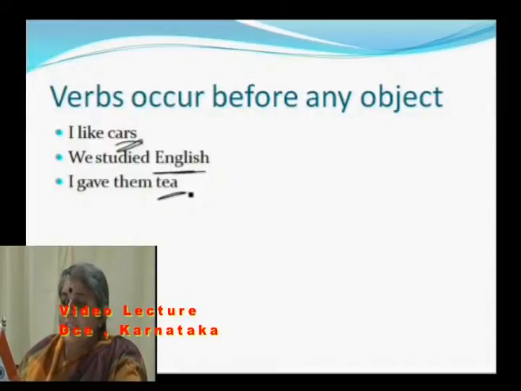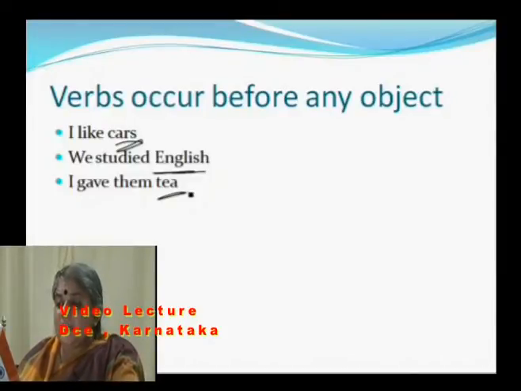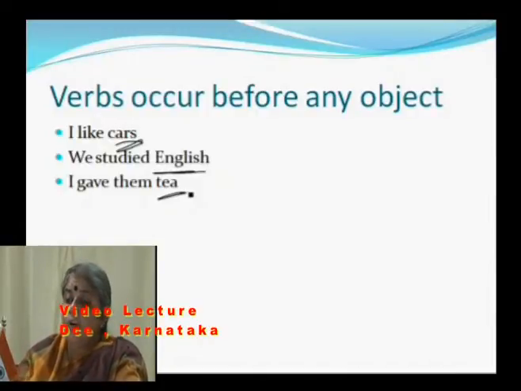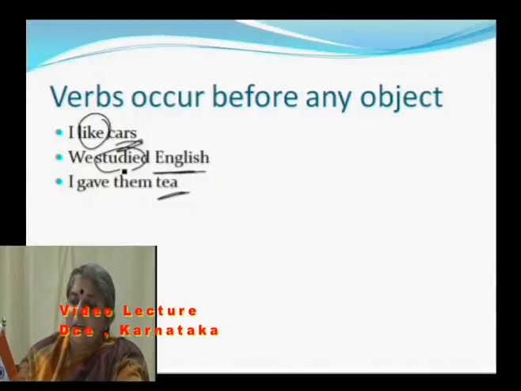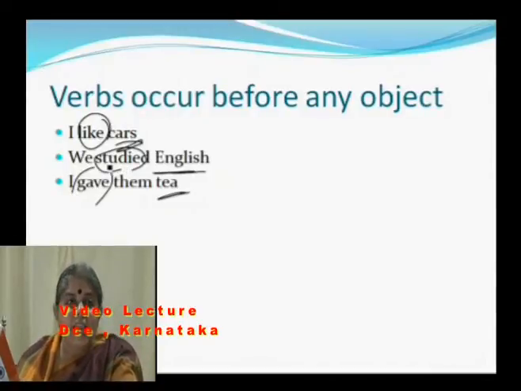Now, let us look at the occurrence of the verb. Where has the verb occurred? The verb has occurred where in the first sentence before an object. Like is a verb. Object is cars. In the second sentence it has occurred before an object. Studied. In the third sentence it has occurred before an object, that is gave.